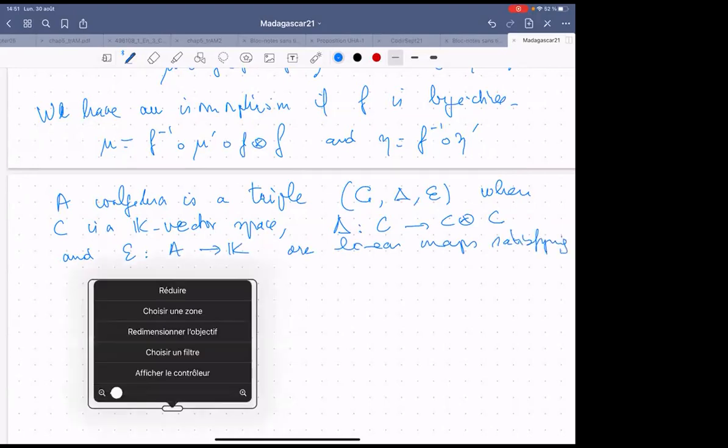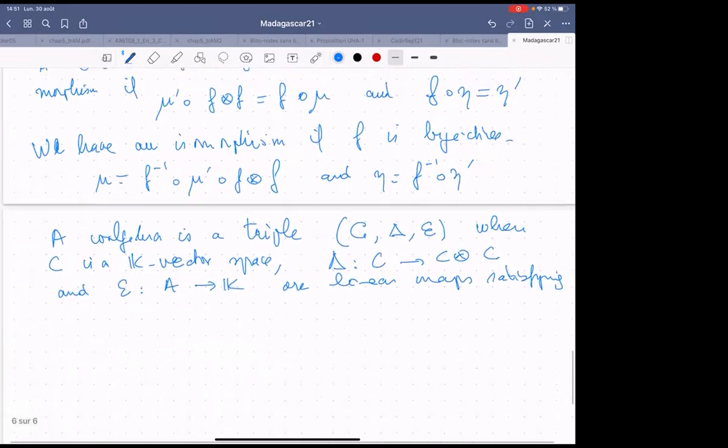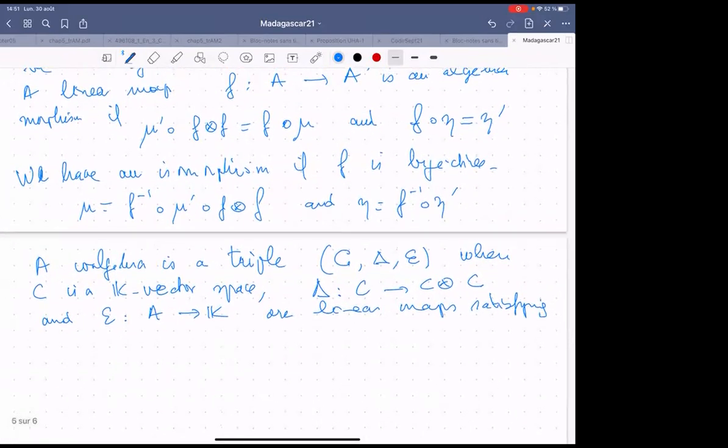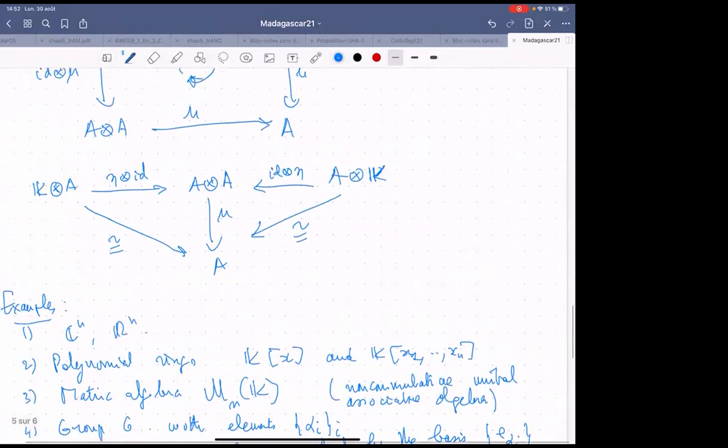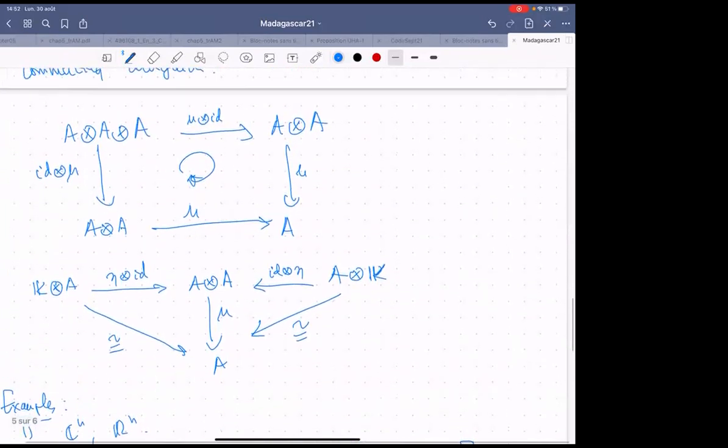What do they satisfy? From algebra we get coalgebra, and the associativity becomes co-associativity. To get it, we just reverse the arrows and replace mu everywhere by delta. Here we get delta tensor identity, and here identity tensor delta.